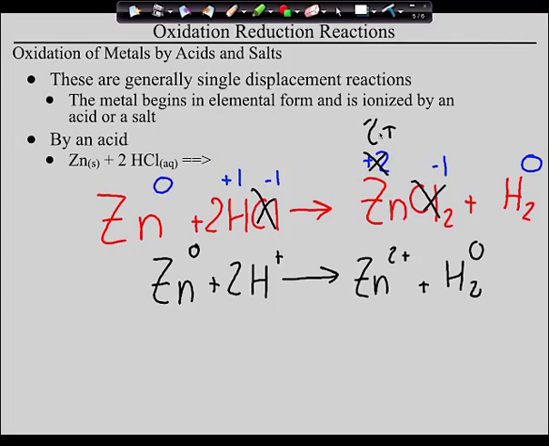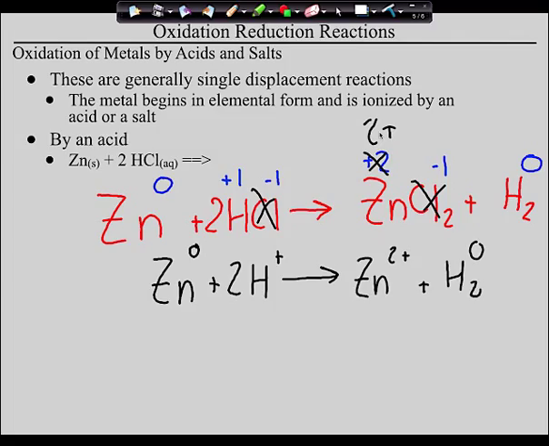But the point is that oxidation numbers represent the electrons it shares. The charges represent the electrons it lost. And zinc is not an electron sharer, it's an electron loser. So it should actually be written 2 plus and not plus 2.